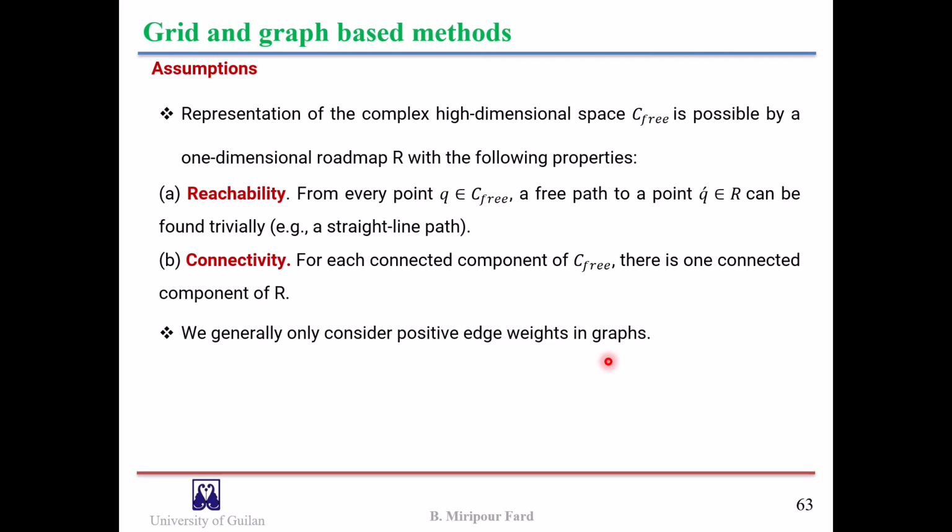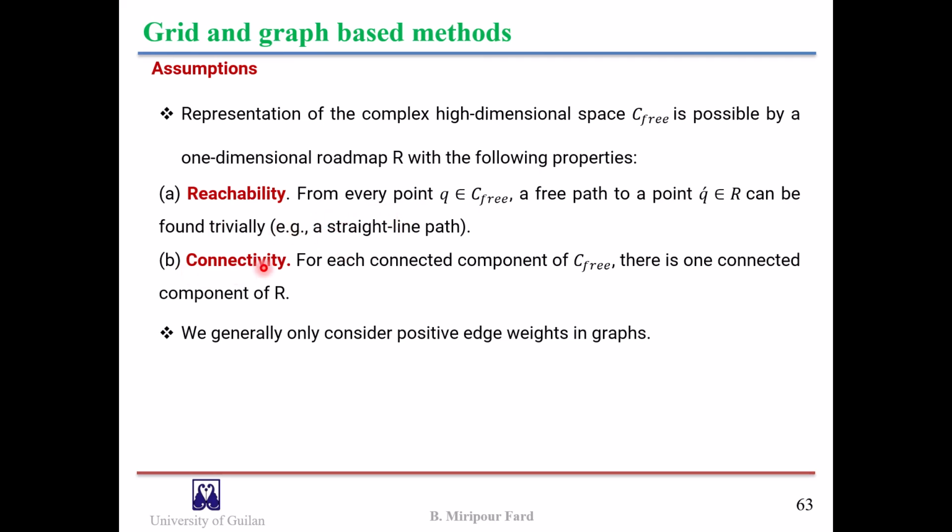We also assume that representation of the complex high-dimensional C-free is possible by a one-dimensional roadmap R with these two properties. Reachability, that means from every point Q belonging to C-free, a free path to a point Q prime belonging to the roadmap can be found trivially, for example, a straight line path.